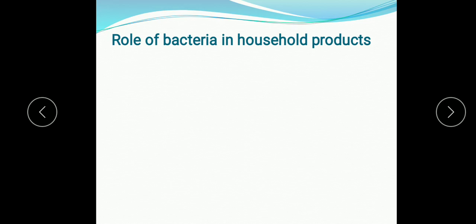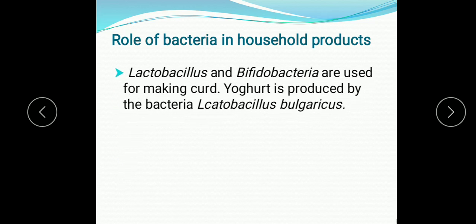Next we will see the role of bacteria in household products. In your syllabus you have only curd and cheese. Household foods are produced by family members for their own consumption, and some bacteria play an important role in their formation.